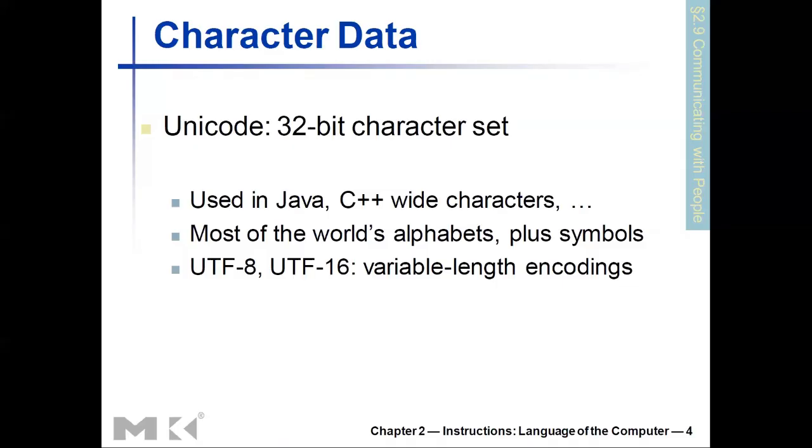With 32 bits, you can represent a large character set. This is used in Java, C++ wide characters, and most of the world's alphabets plus symbols. Most of the world's alphabets can be encoded with the Unicode standard, because you have 2 to the power 32 characters available in the character set.